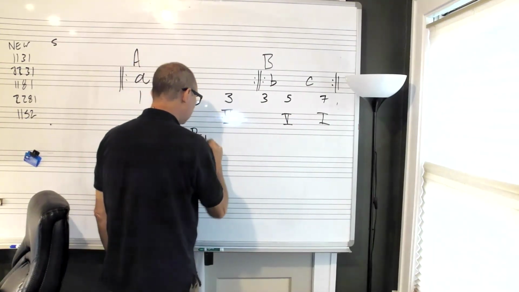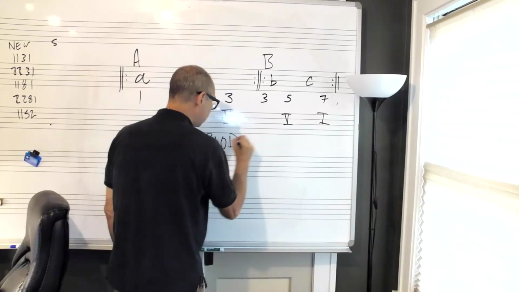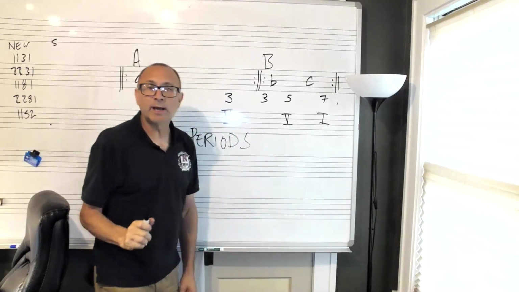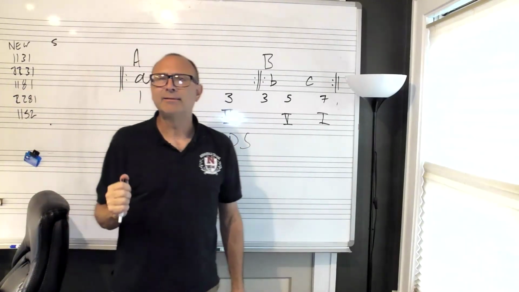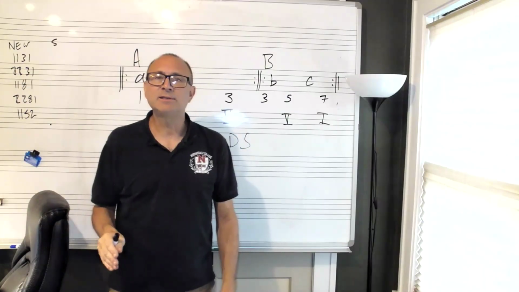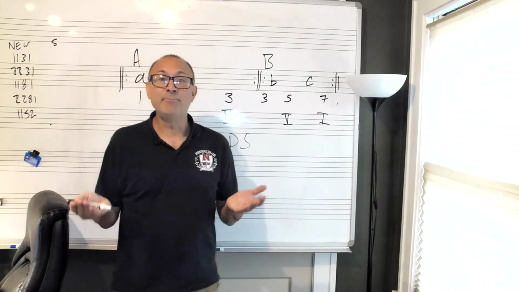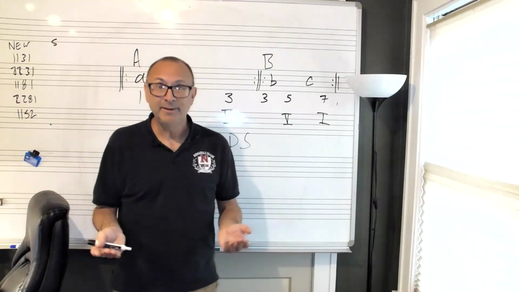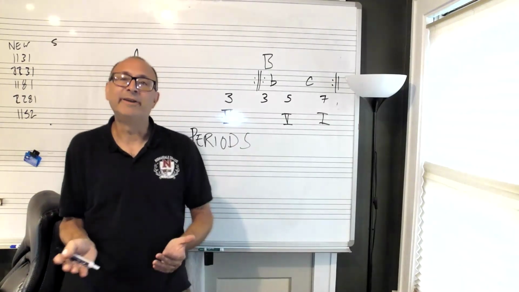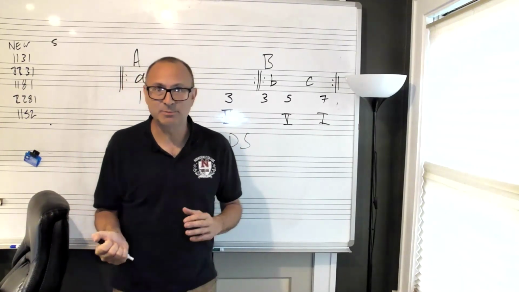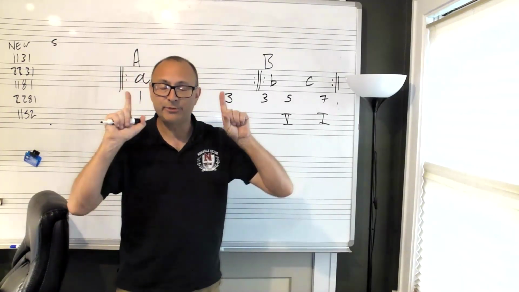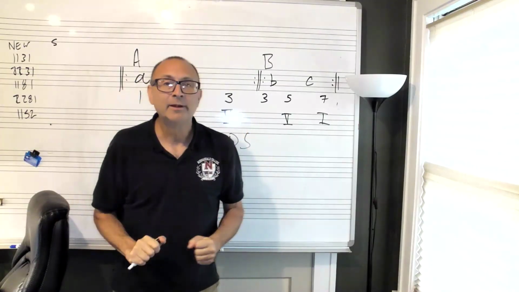Now, periods. Remember that really cool exercise where we had like 12 different melodies and you had to tell whether or not it made a period? The definition of period, as you see in the textbook, is that you'll have 2 phrases.